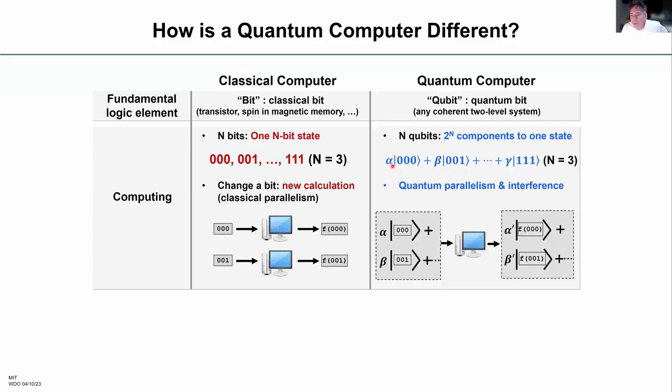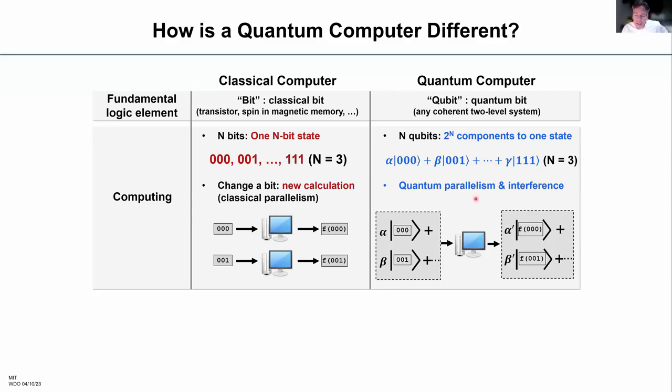Now, quantum computers, on the other hand, we have n qubits, and there are still 2 to the n different classical states that can be formed from them. But we can combine all of those classical states into a single superposition state with these weighting coefficients now represented by alpha, beta, all the way up to gamma. And the important thing to remember, this is a single state, but it carries aspects of all of those classical states with weighting coefficients.